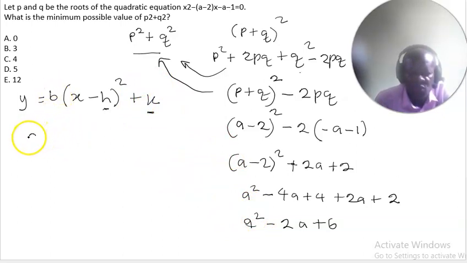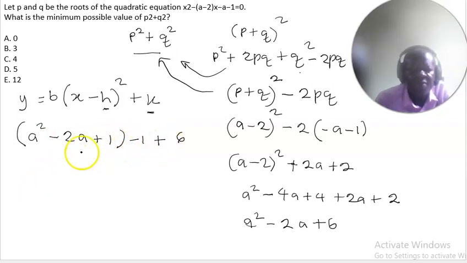The first thing we need to do is, since we have the coefficient of a squared as 1, let's just continue from there. Minus 2a. Let's move this to the other side. Now we find half of the coefficient and then square that. Half of minus 2 is minus 1, squared gives you 1. Because we are adding 1, and our intention is to change the form of the equation, not to alter the value, since we are adding 1 to this, we subtract that 1 from this. Now, we can stop at this.